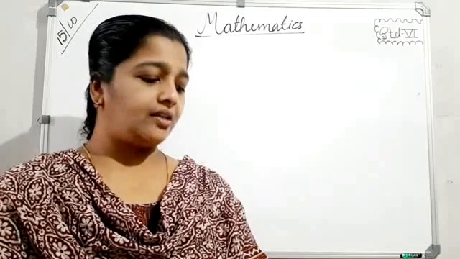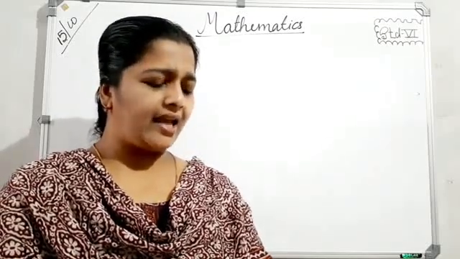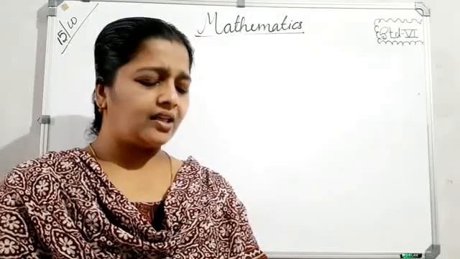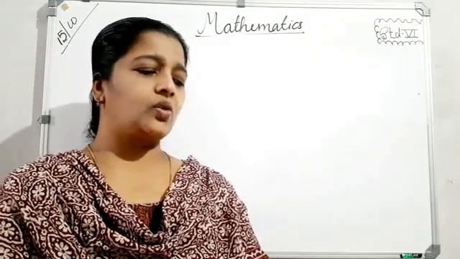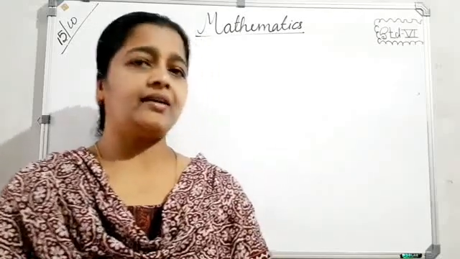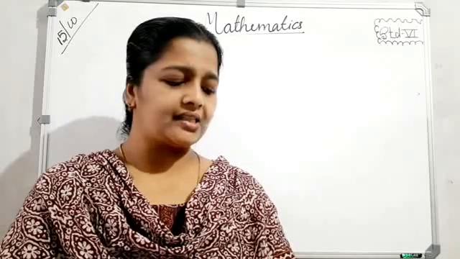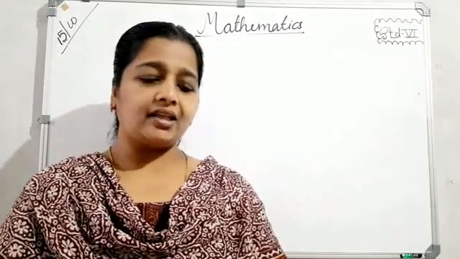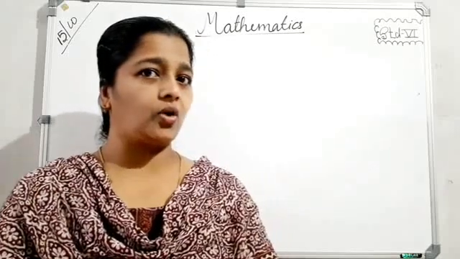So the first question, how can Arya divide his sandwiches so that each person has an equal share? So total 3.